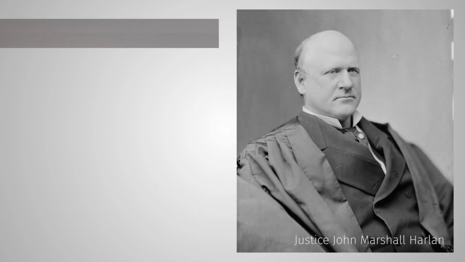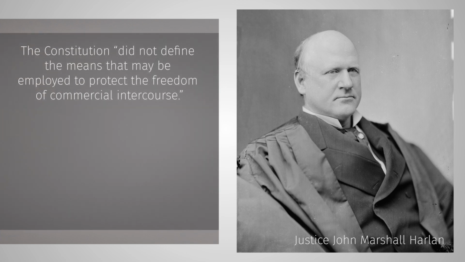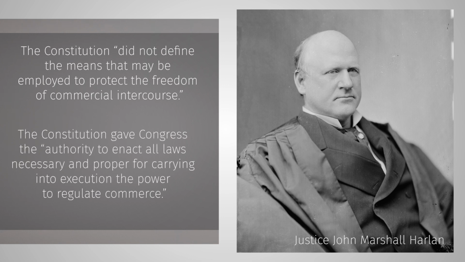While the majority opinion didn't discuss the necessary and proper clause, Justice John Marshall Harlan's dissent stressed it. Harlan contended that the Constitution did not define the means that may be employed to protect the freedom of commercial intercourse. Rather, it gave Congress the authority to enact all laws necessary and proper for carrying into execution the power to regulate commerce. Justice Harlan then applied the means-ends test from McCulloch versus Maryland.